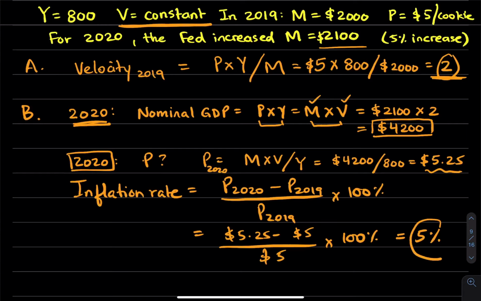Okay. Now notice prices have changed exactly by the same magnitude as the change in money supply. So in our question, we were given that money supply changes by 5%. And so what is the change in the price level? That is also 5%, or inflation is 5%.